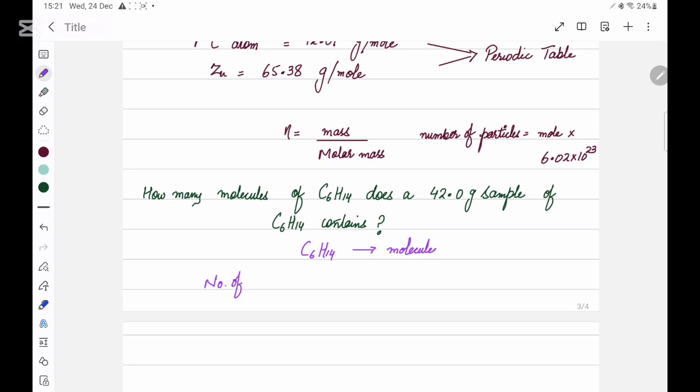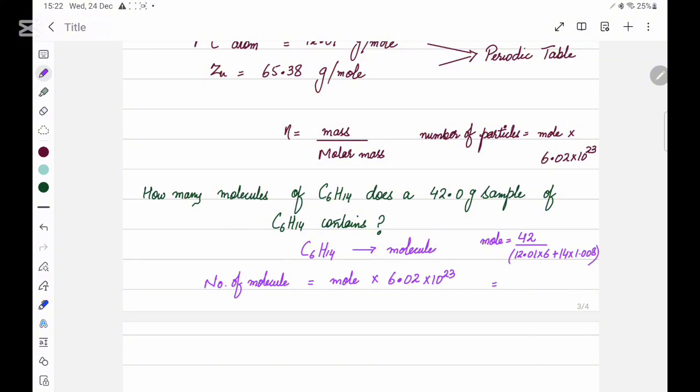I have told you before, particles can be molecules, atoms, or ions. So the number of molecules would be mole times Avogadro's number, and for that we must find the moles first. So mole is equal to mass, 42, divided by molar mass. Carbon is 12.01 times 6, plus H, which is 1.008. There are 14 H, so I'm multiplying with 1.008.